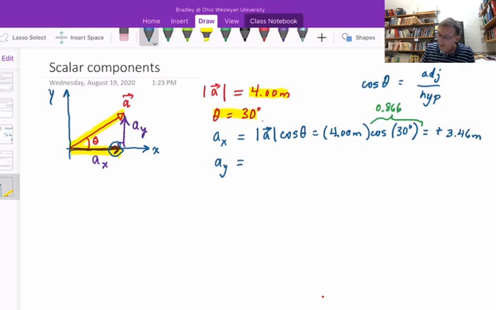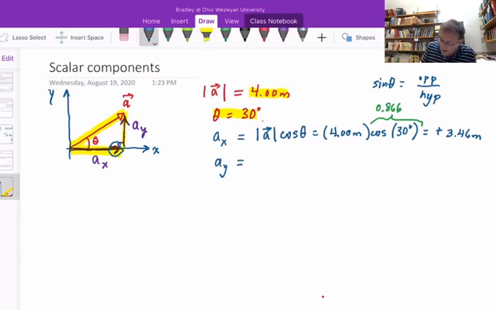Now, if cosine theta is adjacent over hypotenuse, we know that sine theta is the length of the opposite side over the hypotenuse. Why do I say that? Because now I turn to a sub y, which is right here, and that side is opposite to the theta.